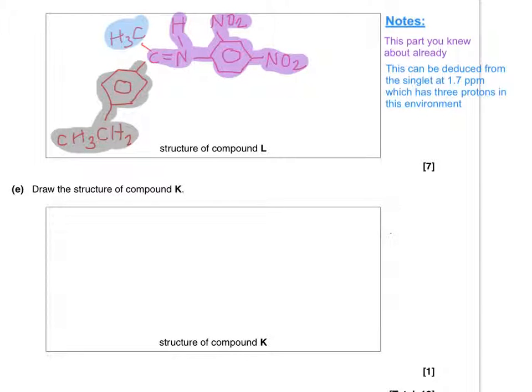The part that's highlighted in blue can be worked out from the fact that there's a singlet at 1.7 parts per million that has 3 protons in that environment. So it's a CH3 attached to a C double bond N. The C double bond N has no protons attached to it, so it's a singlet.